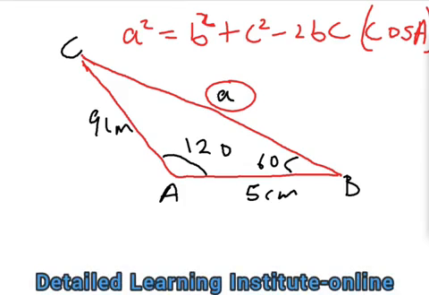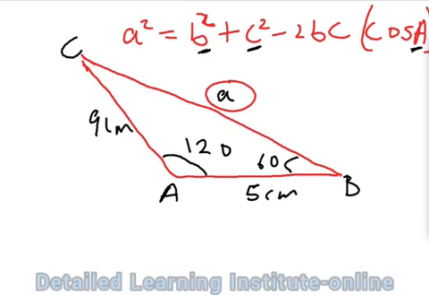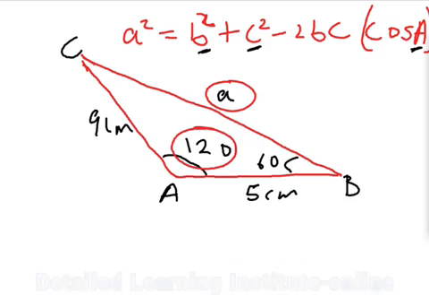Now, what do you need for you to make use of this formula successfully? You need to have B, you need to have C, then you need to have capital letter A. Capital letter A stands for the angle A, and angle A is 120, so that's cos 120. Do you have B?